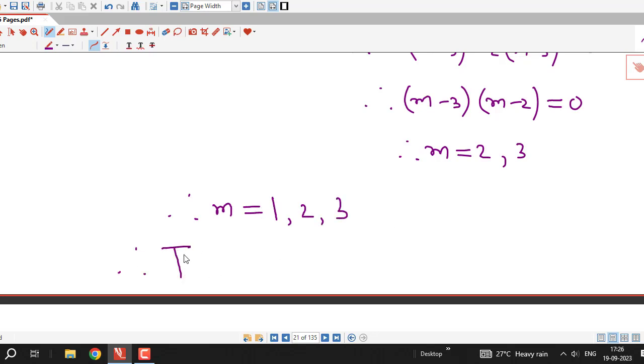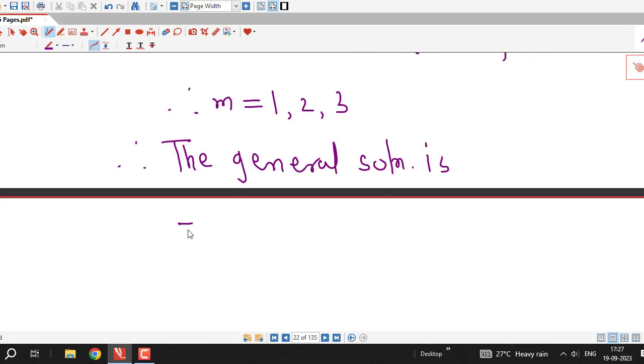Therefore, we can write down the formula for general solution corresponding to distinct roots. The general solution is z equal to arbitrary function of y plus mx. First we take m equal to 1 and we have arbitrary function of y plus x.